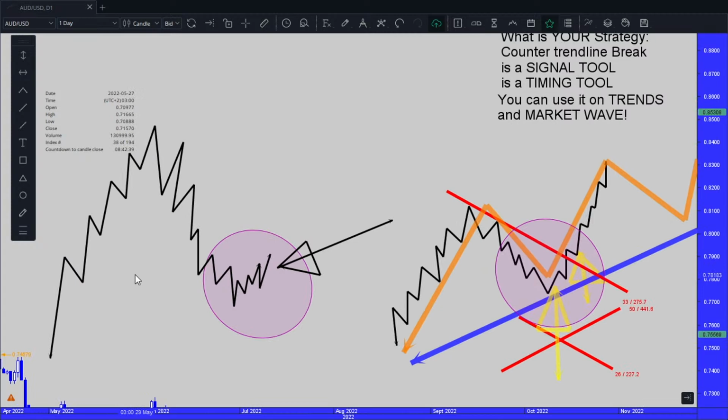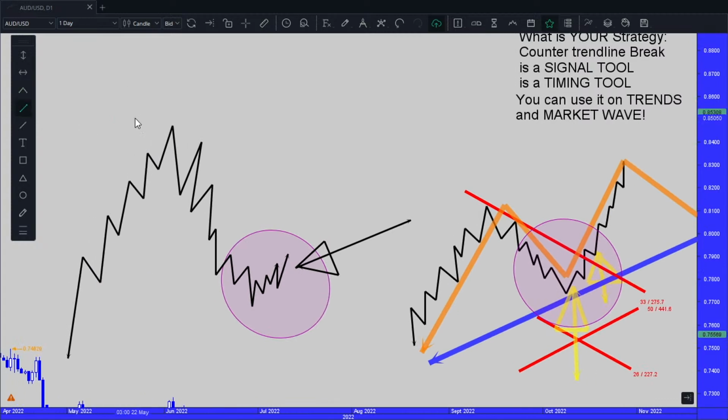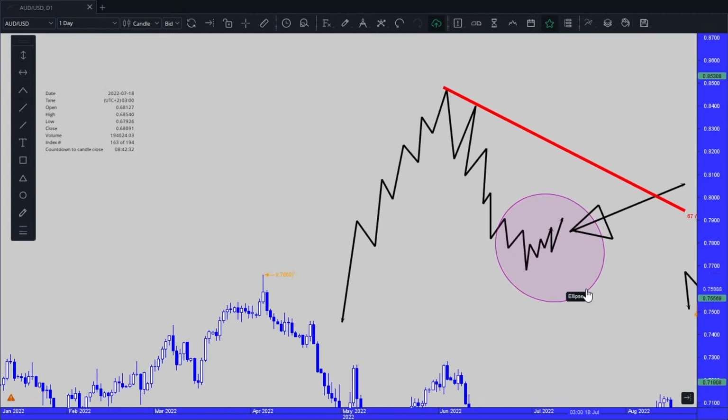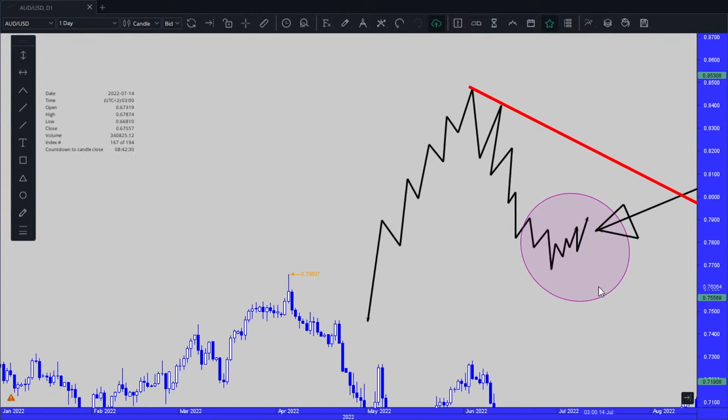Okay, very good. Now, what if your counter trend line break, your counter trend line is like this? See the difference, everybody? Boss, can we have more than one counter trend line? You are not going to like it, but no. You cannot. Great comment, thank you very much, love the comment. You cannot have more than one.